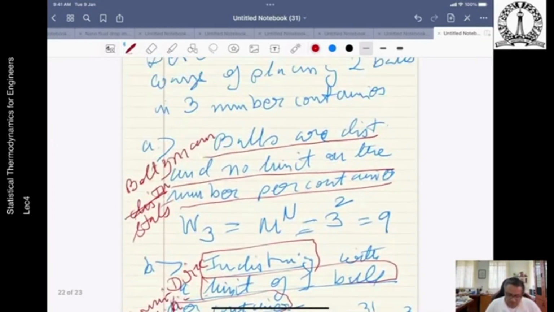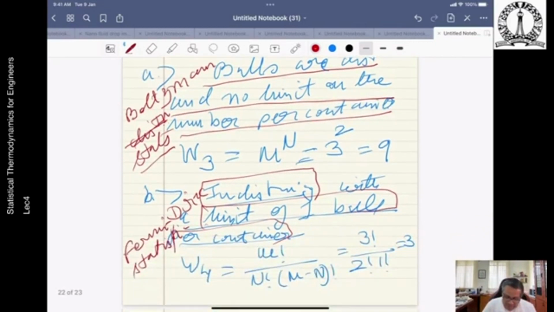Okay. So Boltzmann statistics deals with objects which are distinguishable, which can be placed in M containers. Containers, we will see what containers actually means in terms of statistical thermodynamics. But assume that these are particles which are distinguishable and there is no limit on the number per container. Then that is called the Boltzmann statistics, and that is your W3 over here.